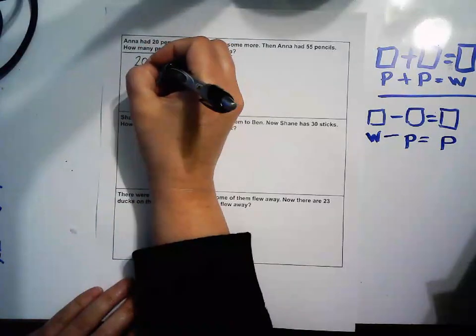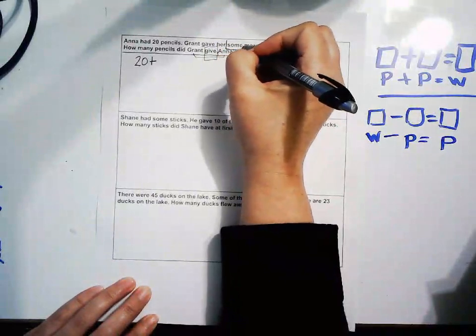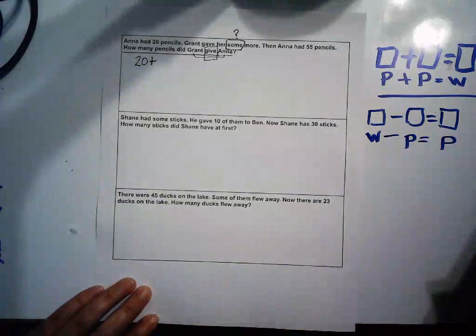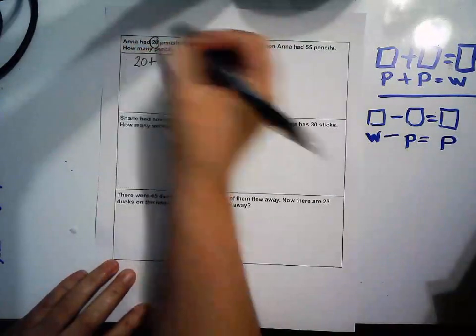So that means now she's getting some more, which is an addition. But it doesn't tell you how much. You see this word right here? That tells you that there's supposed to be a number, but they're not really telling you how much that number is. So this is important, right? The 20, the word some, because we don't know.